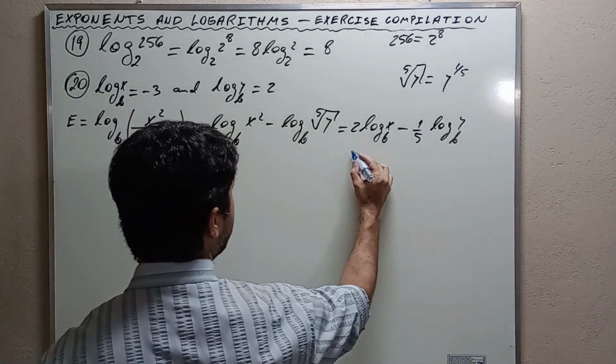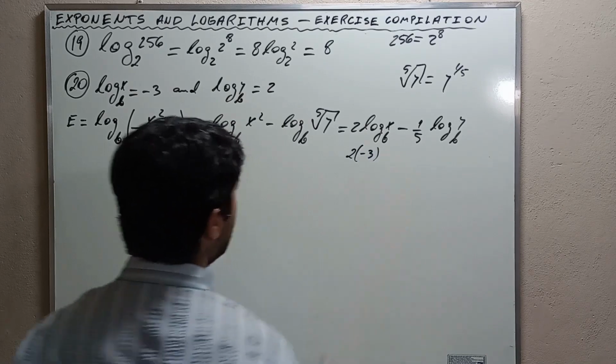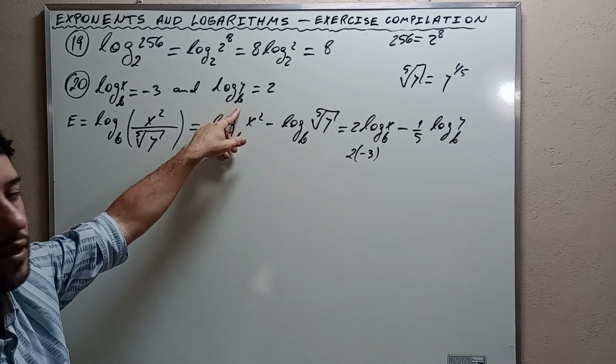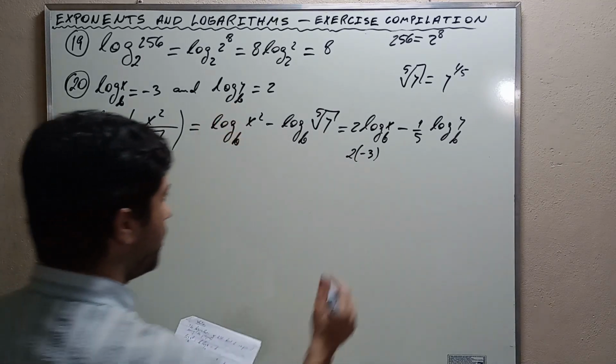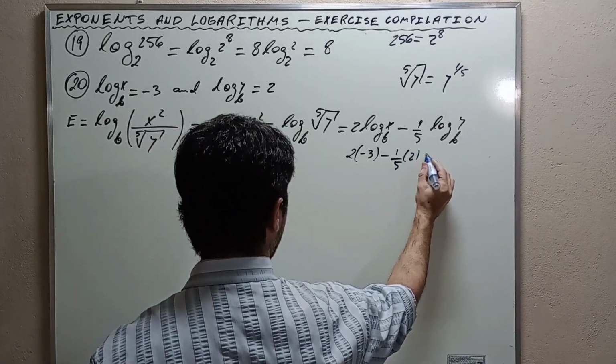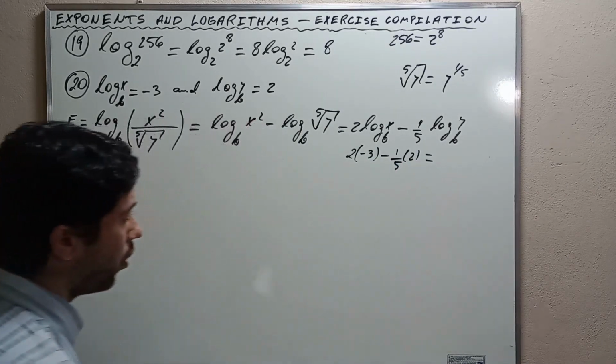Then we multiply 2 by negative 3. And how about the logarithm of y base b? The exercise said that it is equal to 2. Then it is 1/5 times 2.